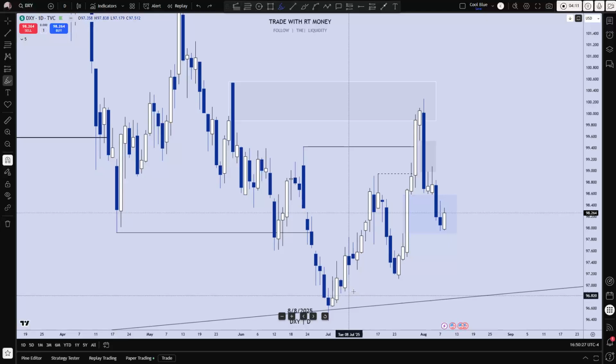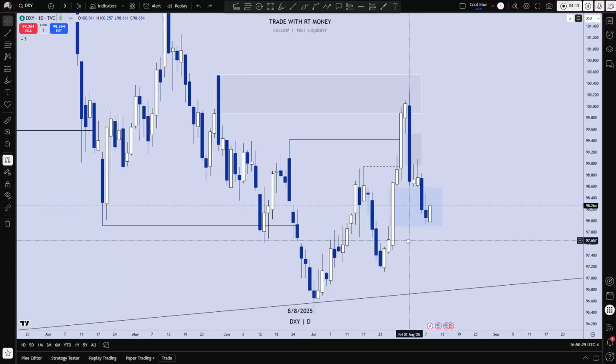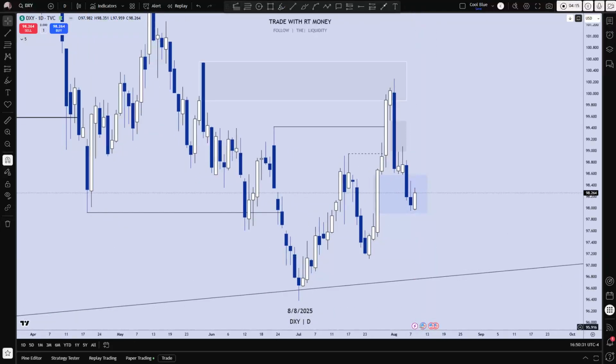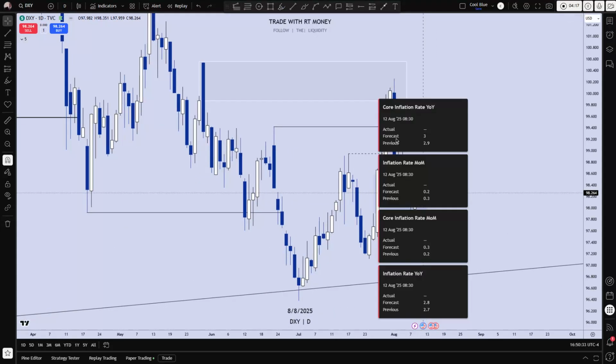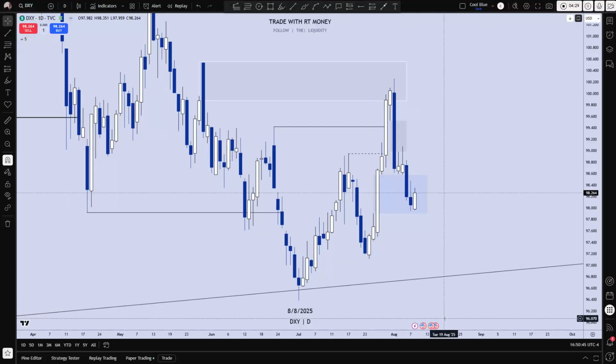Now, I want to also point something out. Next week, come Tuesday, we have the core CPI. All right, core CPI coming. That CPI data is probably going to have a pretty huge impact.